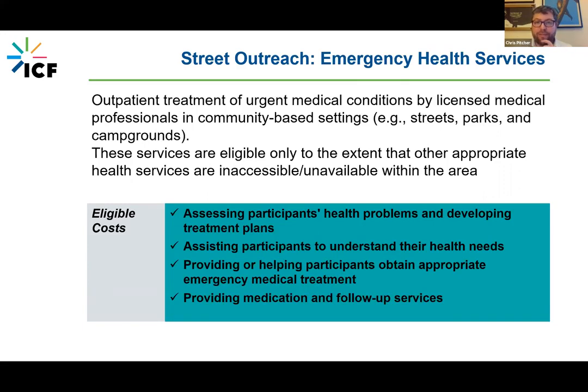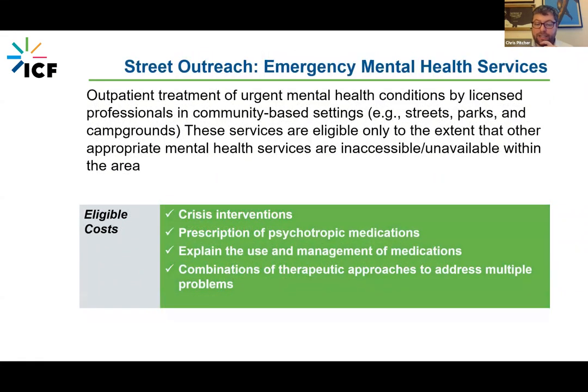Similarly, we have the ability to provide mental health services as part of our street outreach activities. These are urgent mental health conditions that can be addressed by licensed professionals, again, in those community-based settings. We're going to the streets, we're going to the parks, we're helping folks de-escalate and get the services they need.